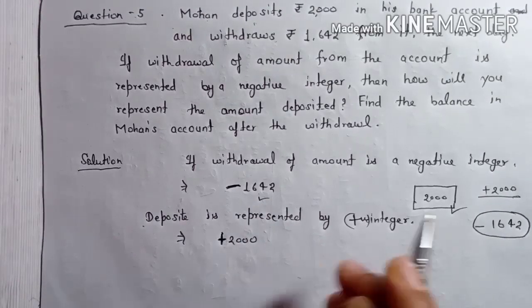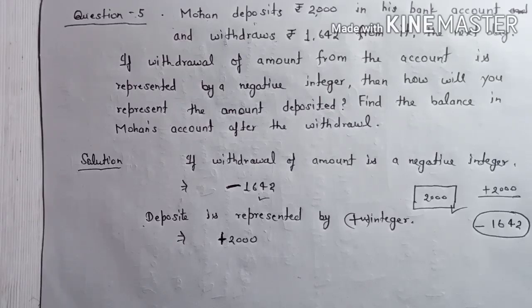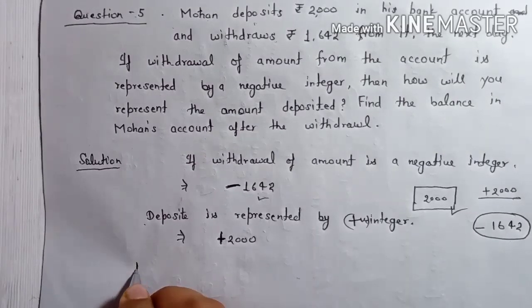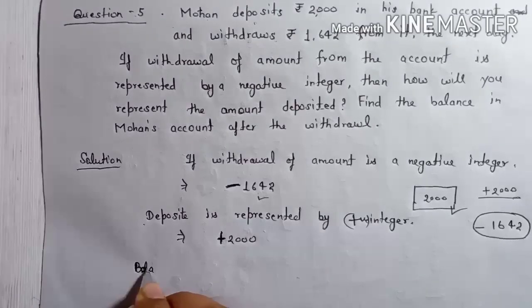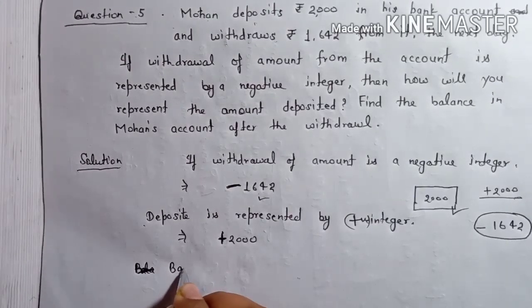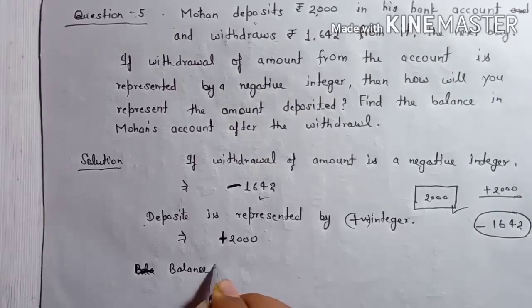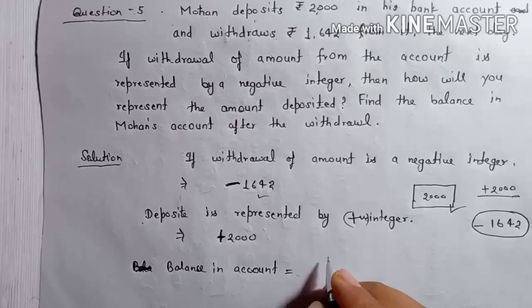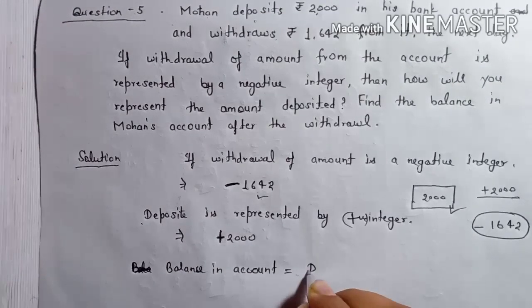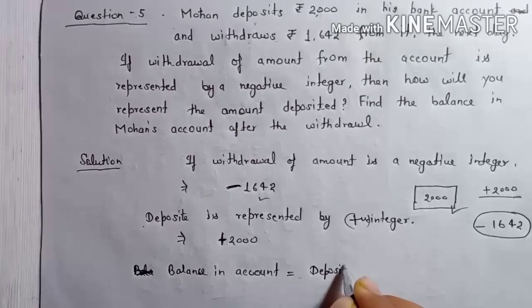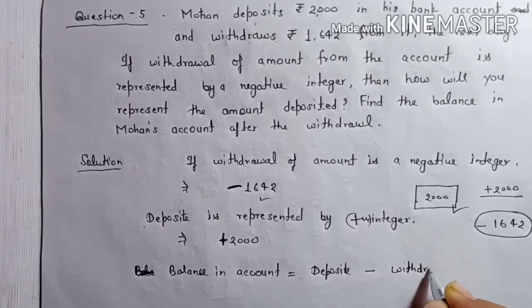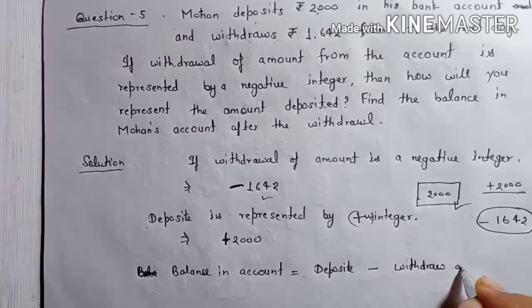And the question has another part: find the balance in Mohan's account after the withdrawal. Right here, balance in Mohan's account is deposit minus withdraw amount.